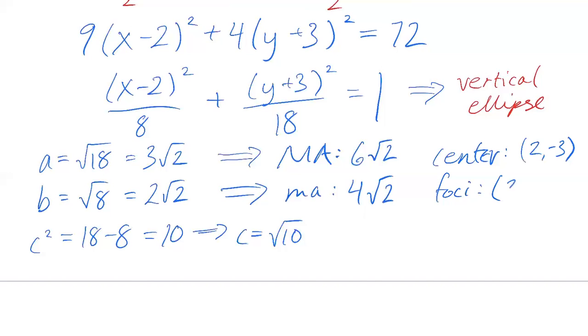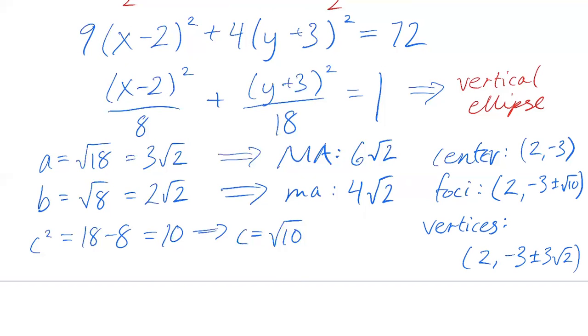So foci will be at (2, -3 plus or minus root 10). And the vertices will be, again, a shift on the y coordinate. So they will come in at (2, -3 plus or minus 3 root 2).